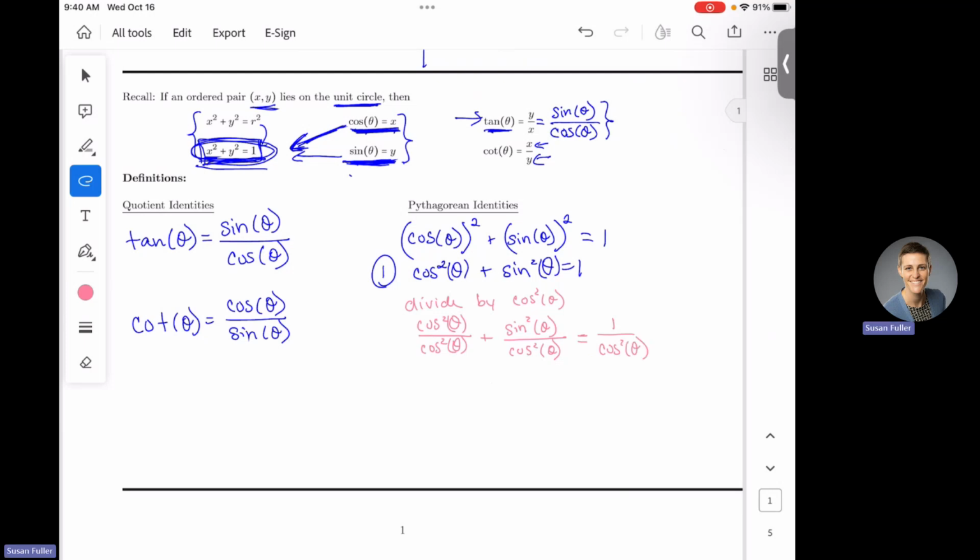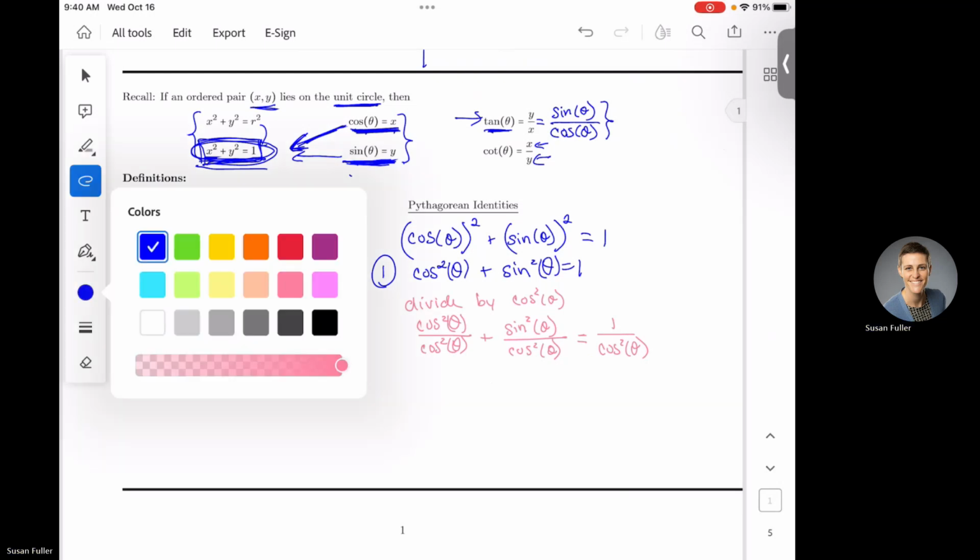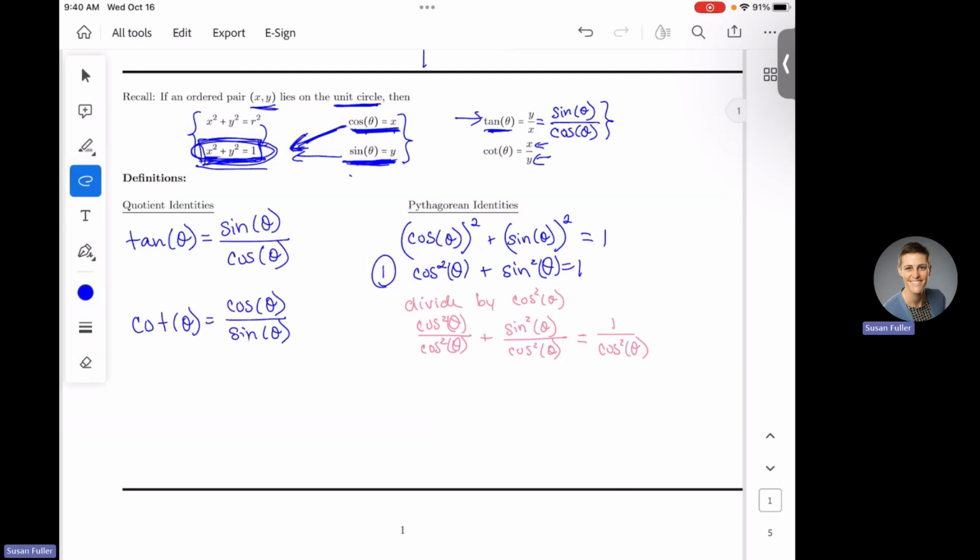Now we're going to simplify this. Cosine squared divided by cosine squared, anything divided by itself, is 1. Plus sine squared divided by cosine squared. Well, I know that sine over cosine is tangent, so it should make sense that sine squared over cosine squared gives me tangent squared of theta.